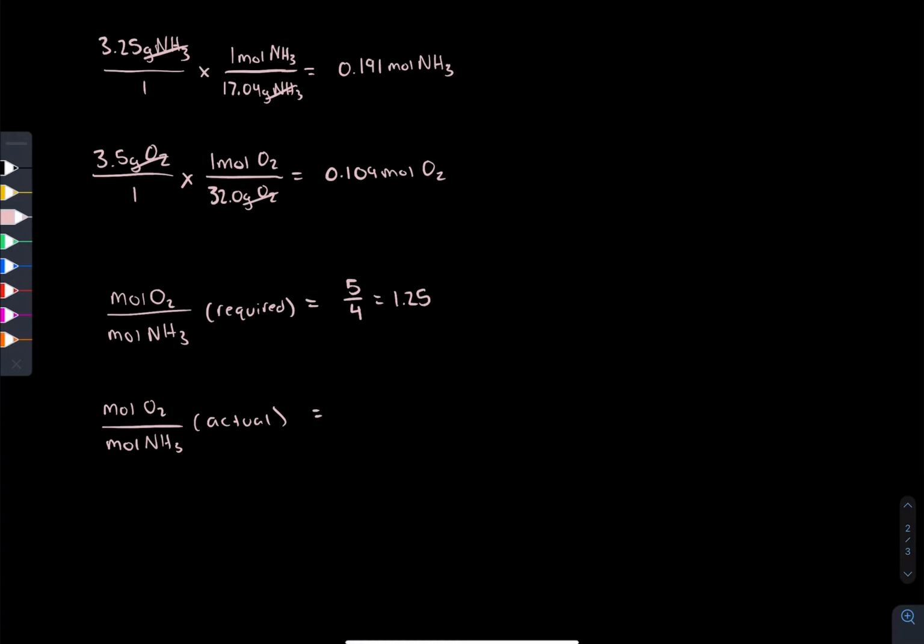So for this one, our actual is going to be what we got here, how much we have from the grams that we were given, which is going to be 0.109 over 0.191, and that's going to give us 0.57.